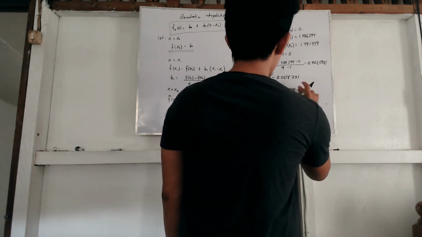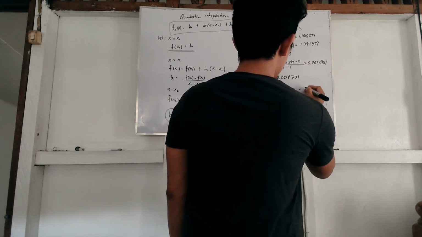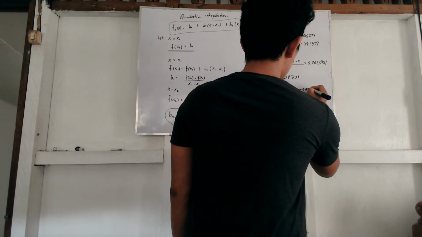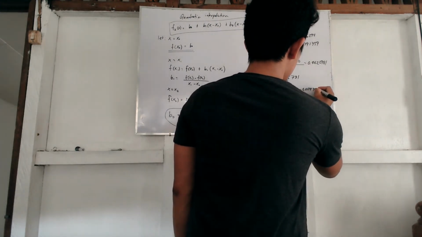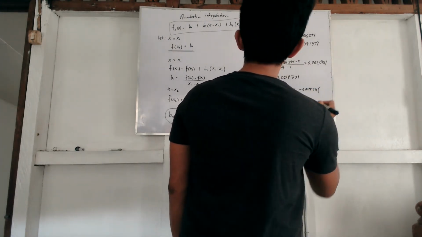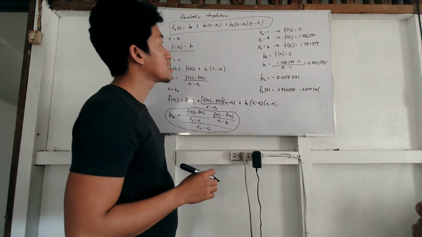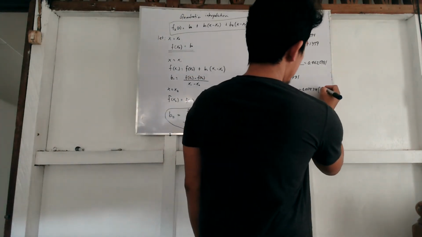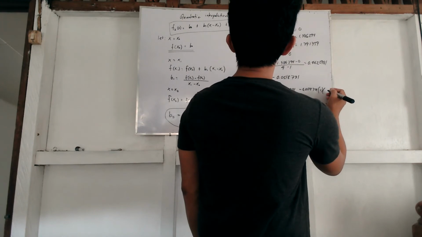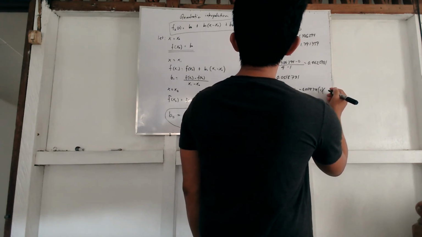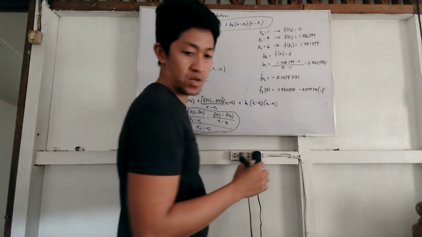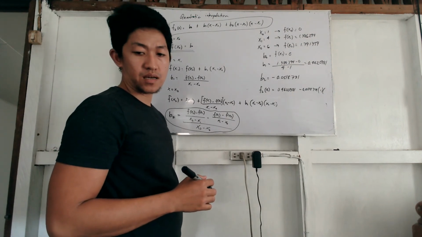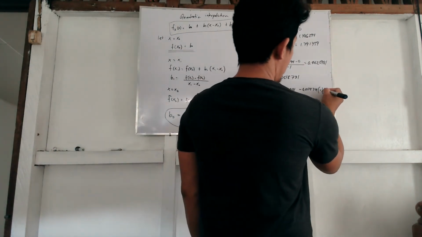Plus b2, which is negative 0.0518731 times 2 minus 1, which is 1, times 2 minus 4, negative 2.